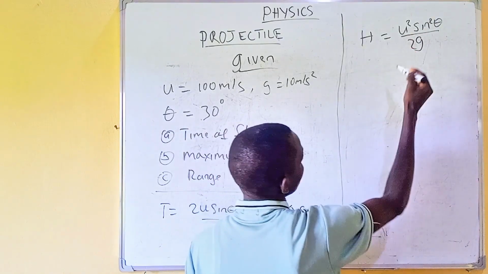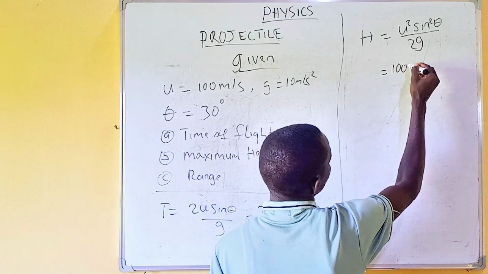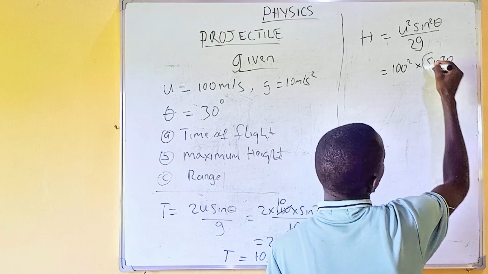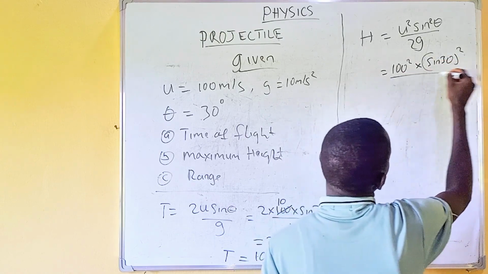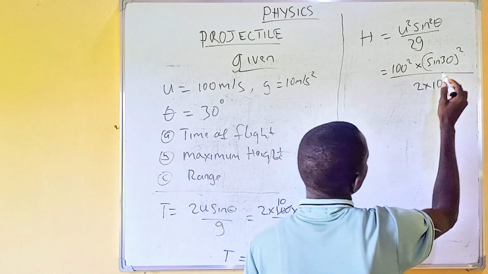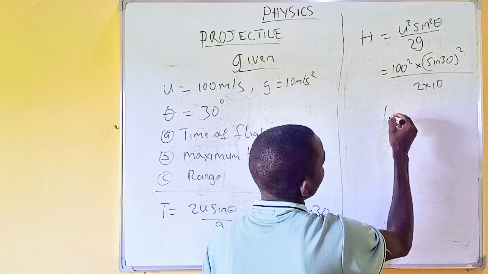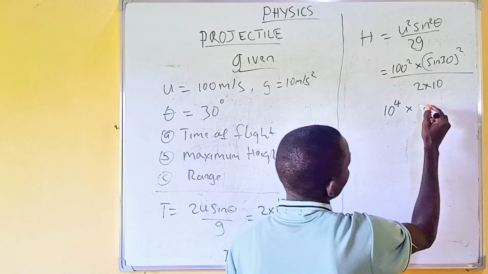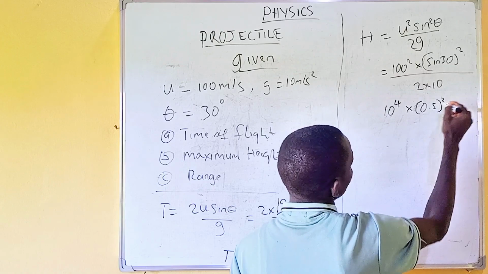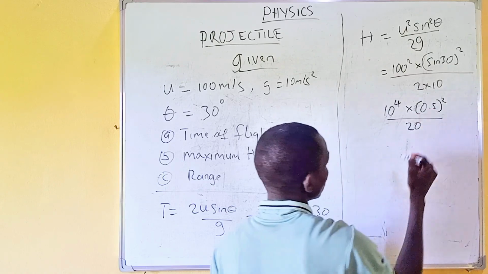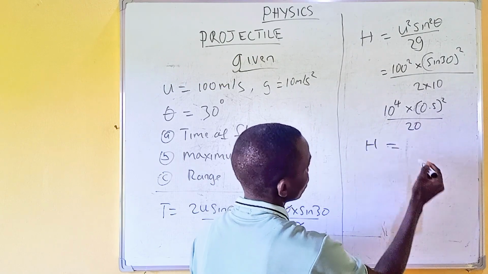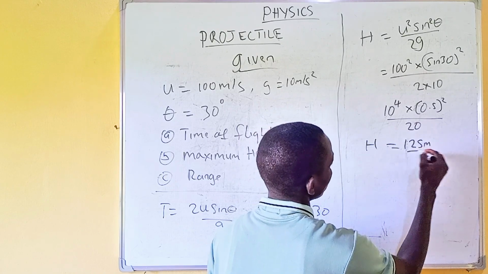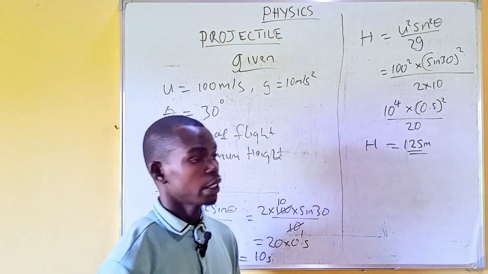So our initial velocity, which is 100 squared, times sine 30 all squared, divided by 2 times 10. 100 squared will now be 10 raised to the power 4 times 0.5 squared divided by 20. When you press your calculator, you will have 125 meters. This is our maximum height.